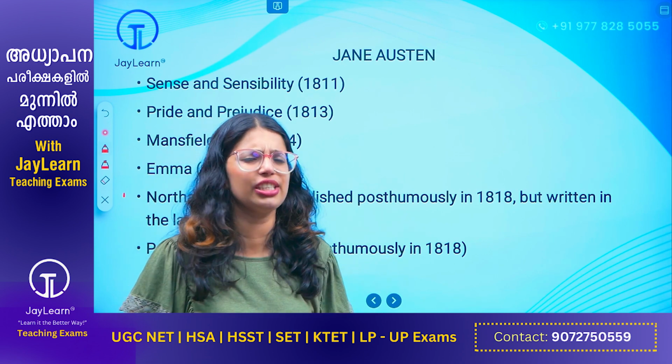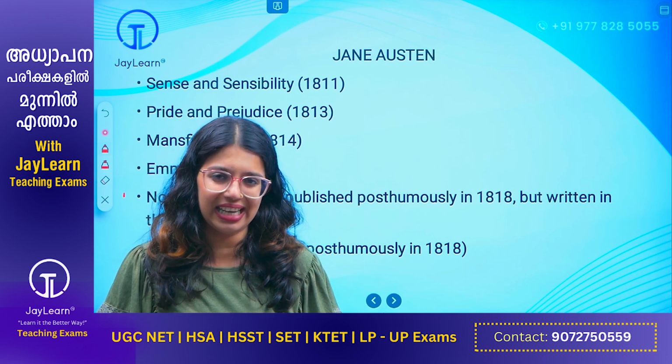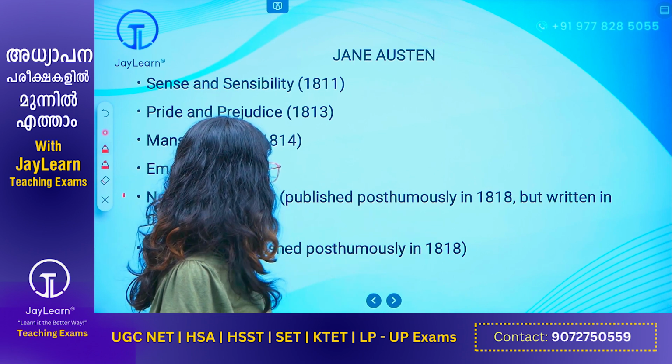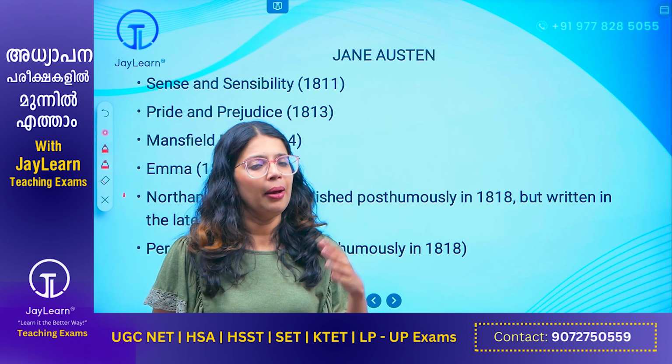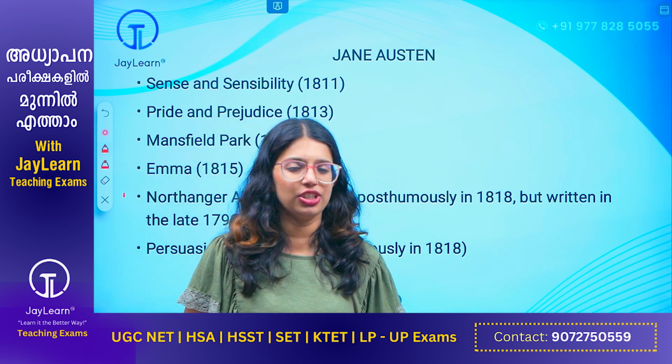It is very easy to remember the works of Jane Austen: Sense and Sensibility 1811, Pride and Prejudice 1813, Mansfield Park 1814, Emma 1815, Northanger Abbey and Persuasion, published posthumously in 1818.